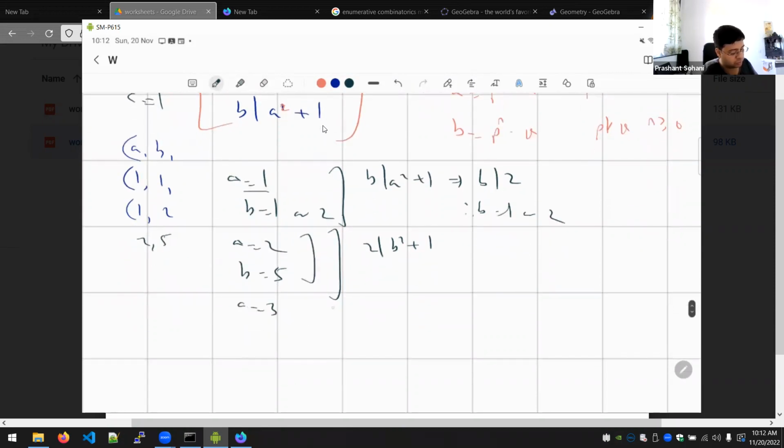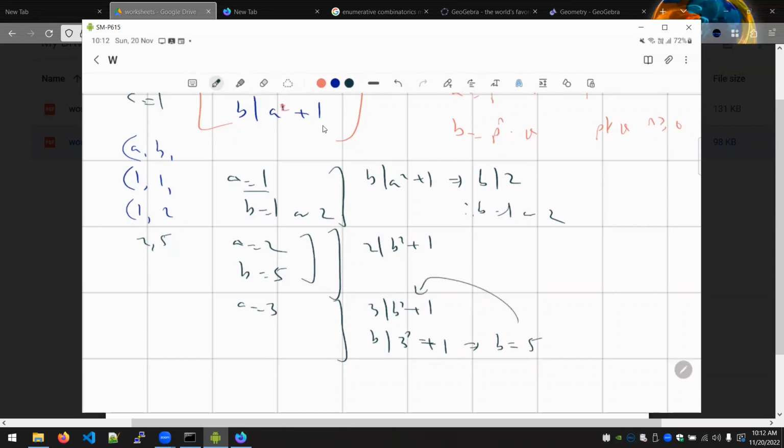So suppose A is equal to 3. So B divides 3 squared plus 1, that is 10, and 3 divides B squared plus 1. So therefore the only possibility is B is equal to 5, right? But this does not satisfy this condition.